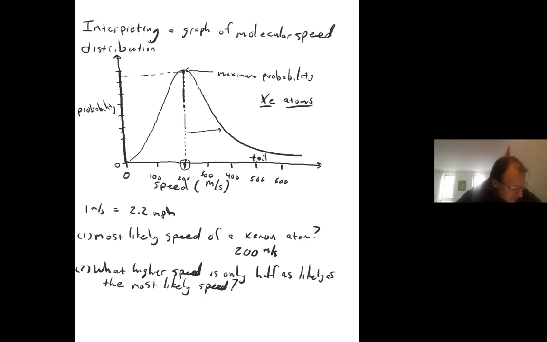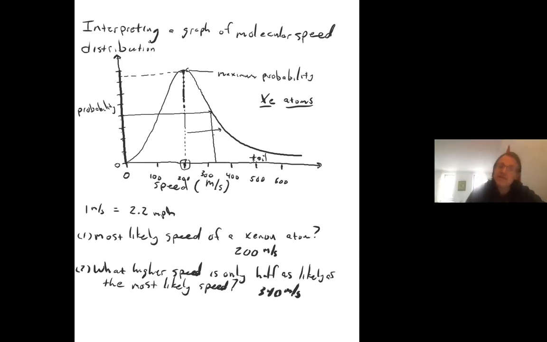And then I'm going to read across. Now, remember, we're only looking at velocities that are higher than this peak. So that means we're only looking to the right of this peak. So right down there, and then we come down here, and it looks like it's less than 350, right? So maybe it's around 340. So that looks like it's about 340 meters per second.